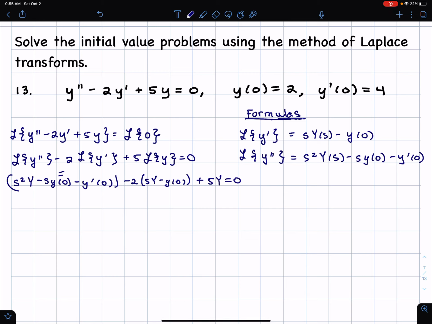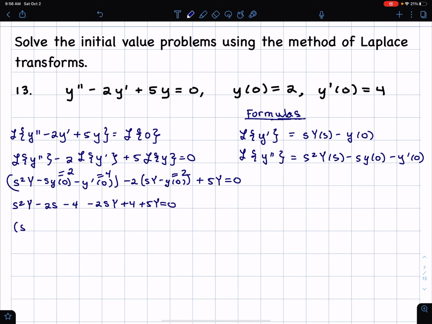So y(0) is 2, y prime of 0 is 4, y(0) is 2, so I get s squared Y minus 2s minus 4 minus 2sY plus 4 plus 5Y equals 0.